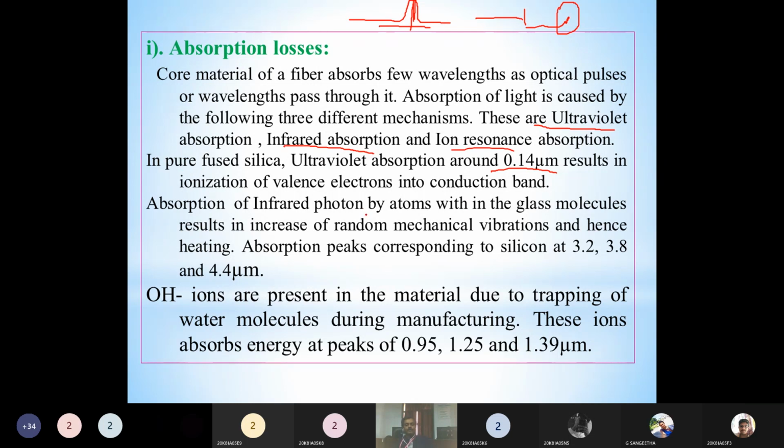Next, absorption of infrared photons by atoms within the glass molecules results in an increase of random mechanical vibrations, and hence heating takes place.